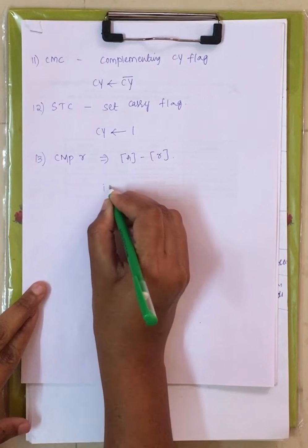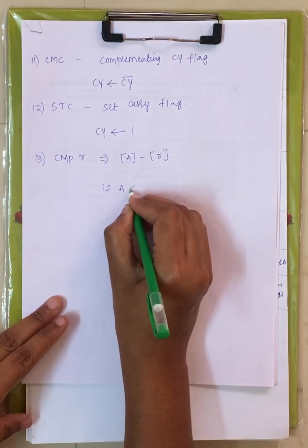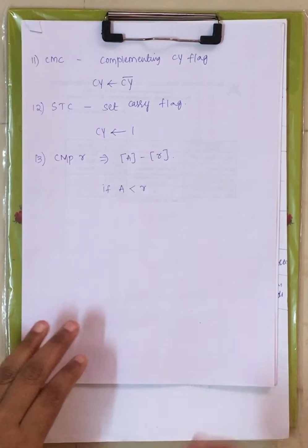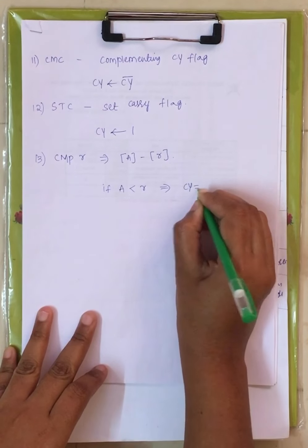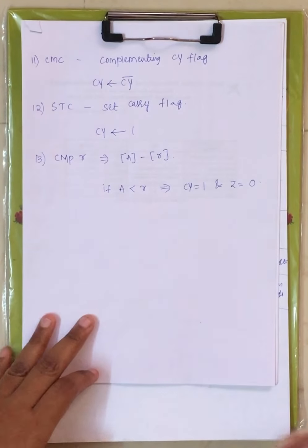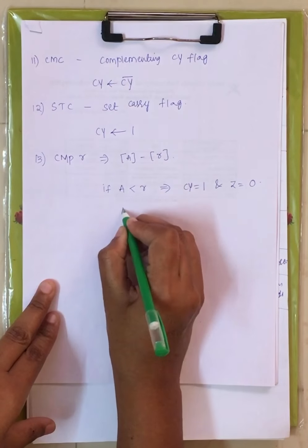If the contents of the accumulator are less than the contents of register R, for this condition the carry flag is set to 1 and the zero flag is reset.